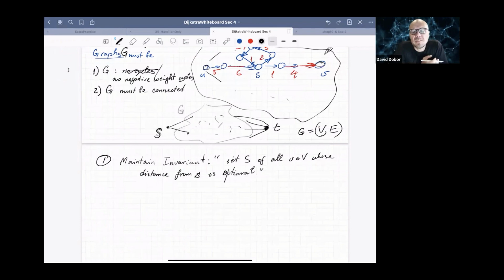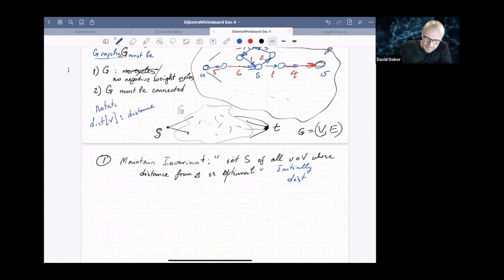Once you attach the source to S, the small s, once you attach the distance, and we'll denote distance, so initially, dist(V) will stand for the distance from S to V. This is going to be our notation.